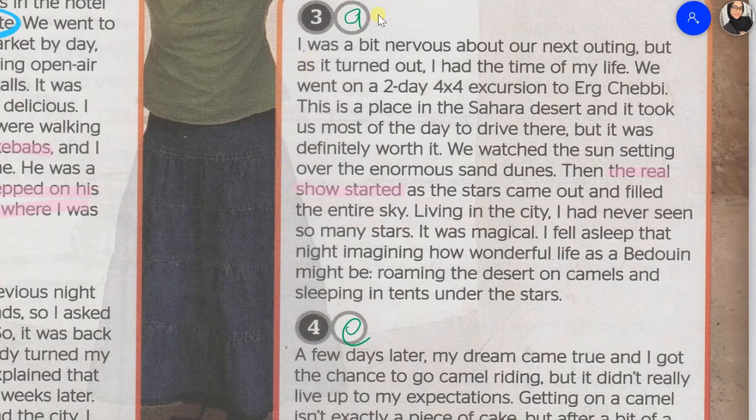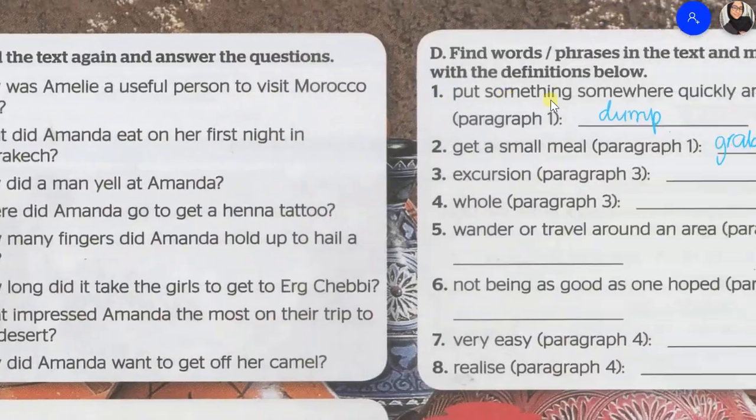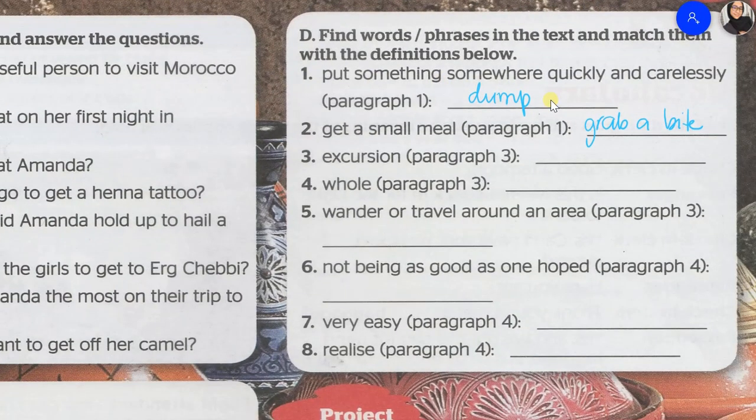Paragraph 3. I was a bit nervous about our next outing, but as it turned out, I had the time of my life. We went on a 2-day 4x4 excursion to Chebe. Excursion. So excursion here means outing. Outing tu macam trip lah.